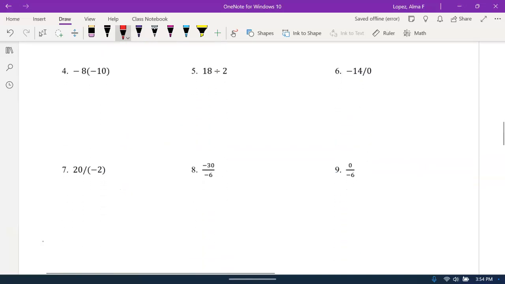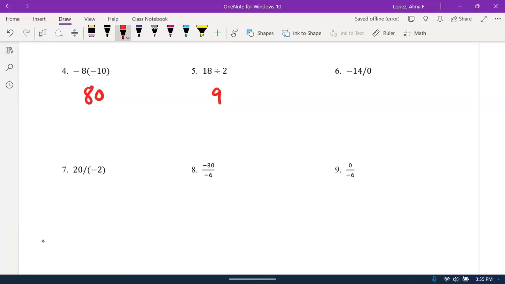Let's keep going. Negative 8 times negative 10, two negative numbers, same sign, so the answer will be positive 80. 18 divided by 2 is 9, and because it's two of the same sign, it's a positive answer.